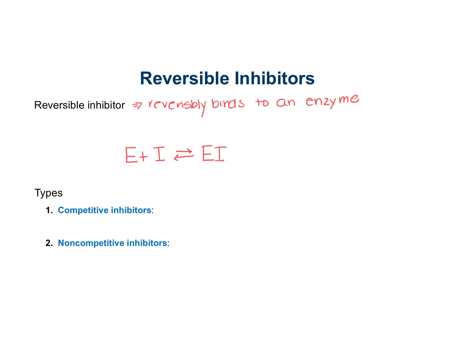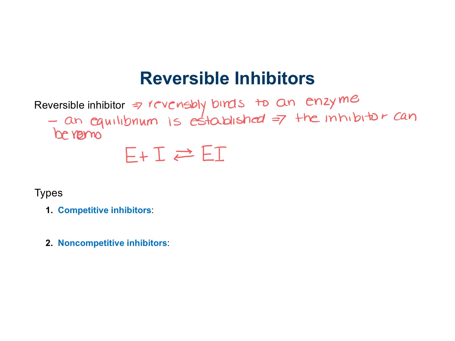So an equilibrium is established. And so the inhibitor can be removed by shifting the equilibrium.